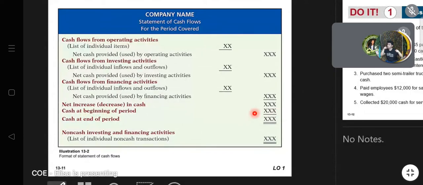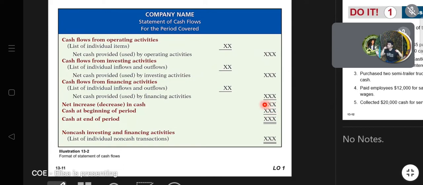What is cash at beginning of the period? So if this is December, assuming 2021, and we are preparing a cash statement as of today, your beginning here is the balance of December 31, 2020, or this is your cash at beginning of the period, which is January 1, 2022.